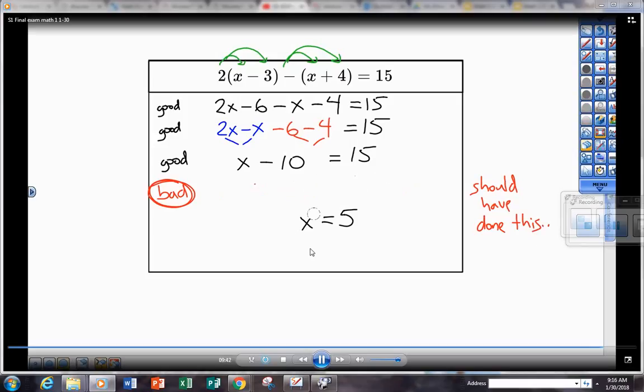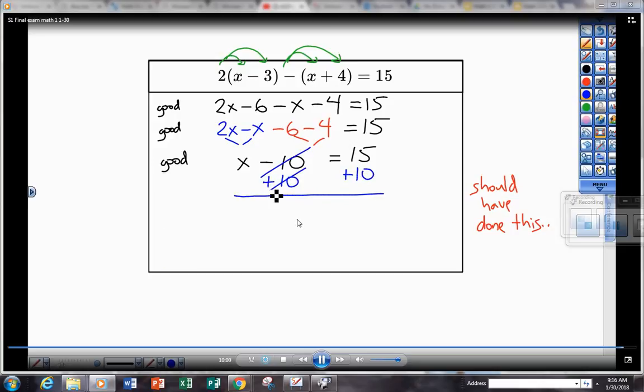What I should have done at that point is to solve for x right here. I should have added 10, plus 10, plus 10, the opposite of subtracting 10, adding 10. That would have canceled those 10s away for sure and left me just x over there. So plus 10, those go away, gives me x equals the real answer, which is 25. That's what you should have done.